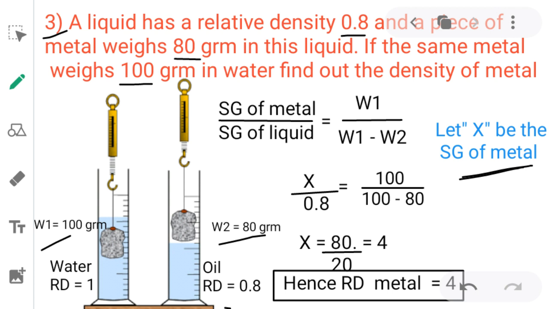That is 100 divided by 100 minus 80. By simple mathematics, we get x value as 4. Hence, the Rd of metal is 4.